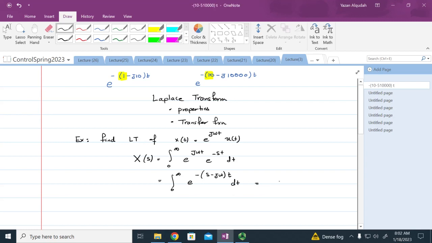What is this integration going to equal to? E to negative s minus j omega multiplied by t divided by s minus j omega, and we're going to integrate it from 0 to infinity.